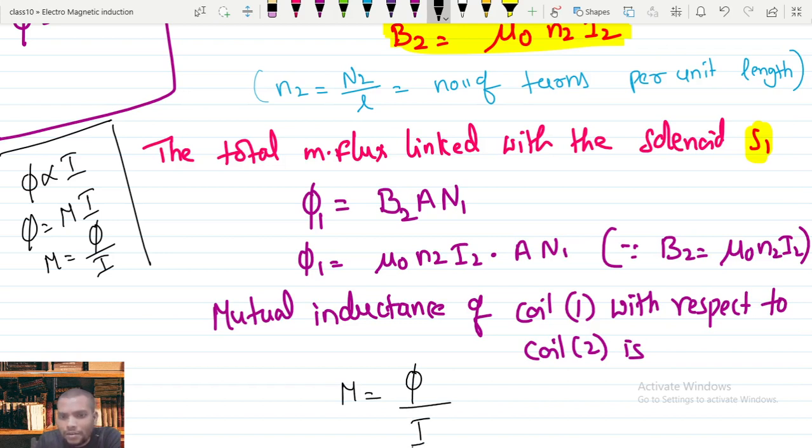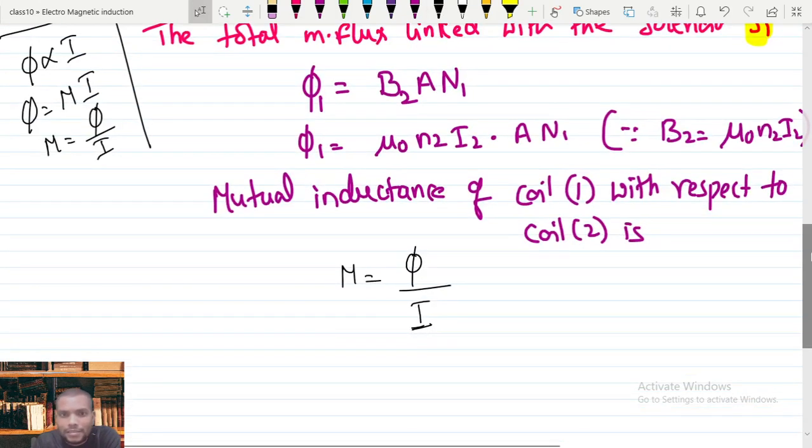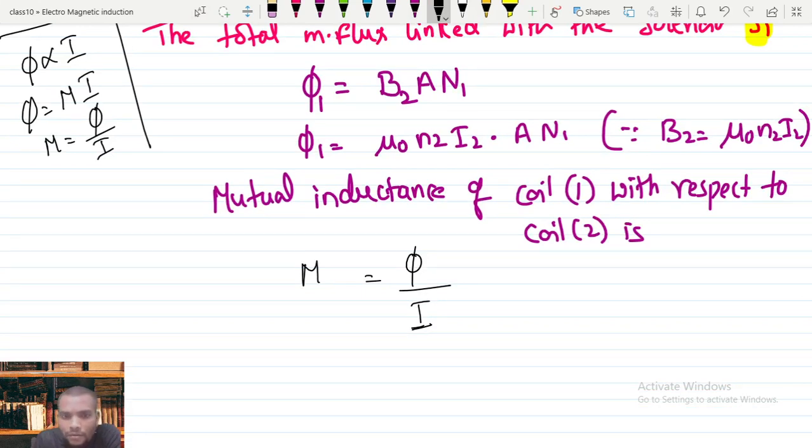This is the mutual inductance formula. But we need to be careful where the flux is. So for that, let us write precisely what this mutual inductance is: the mutual inductance of the first coil due to the current in the second coil.